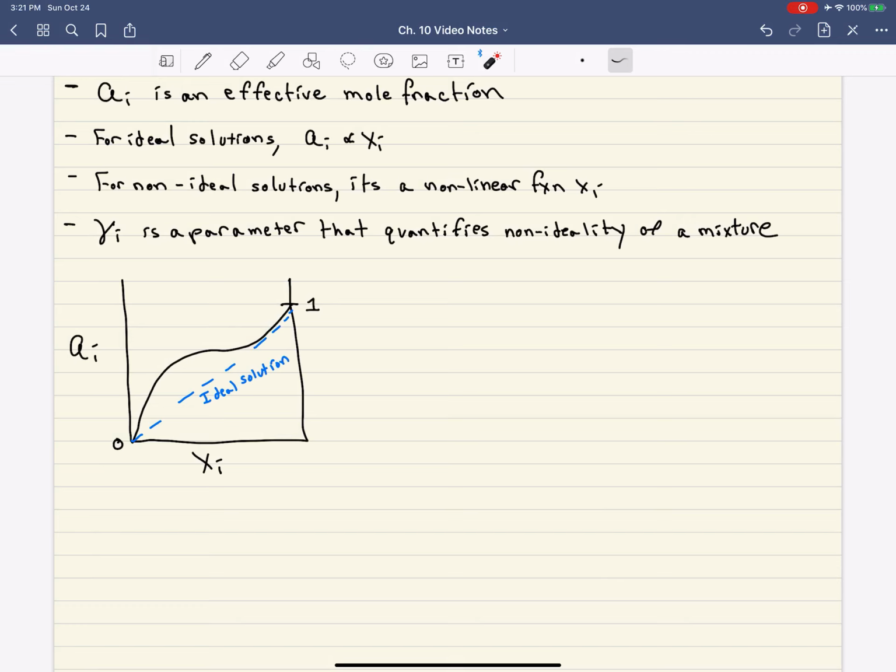But in the limit that x_i is very small, we see here that the activity should be proportional to x_i. And the slope that we get here is what we call the infinite dilution value.